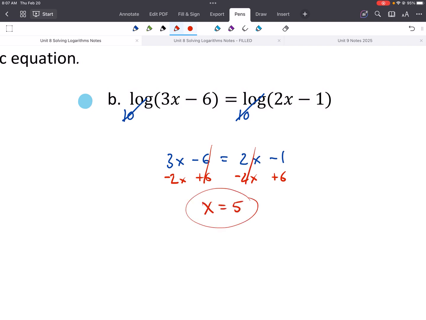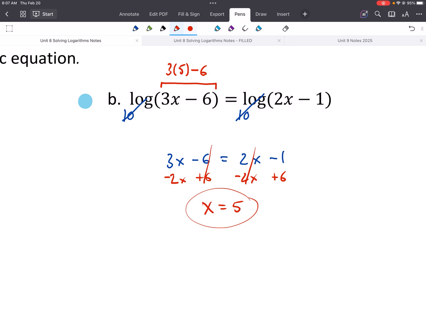Okay. One thing we need to be aware of is that you can have extraneous solutions here. So an extraneous solution is whenever the argument would be 0. So if we plugged 5 in here, we'd get 3 times 5 minus 6. Like if that's our solution and we plug that in, it can't be 0 or negative.